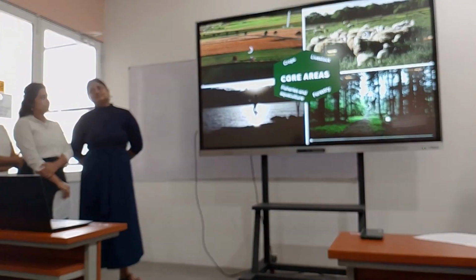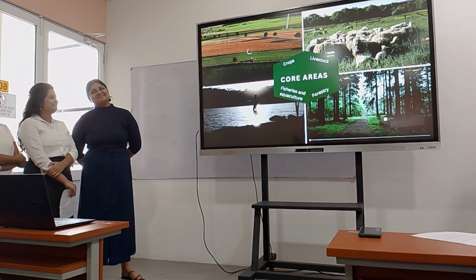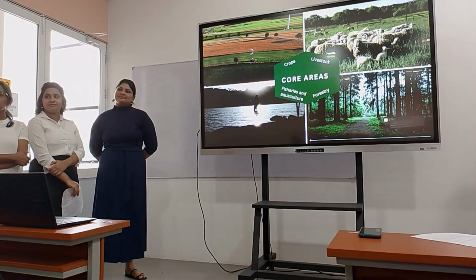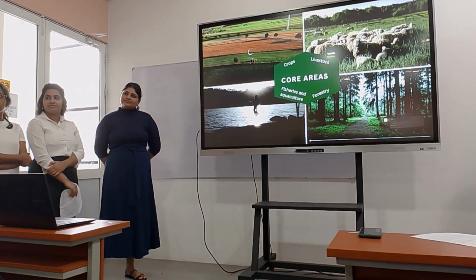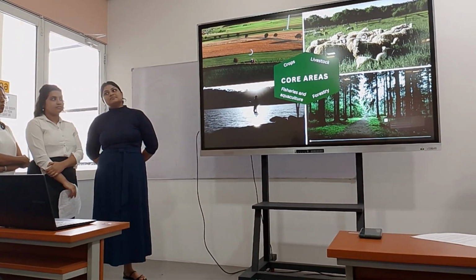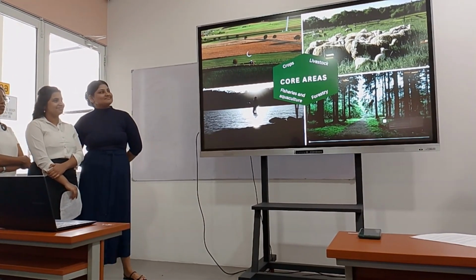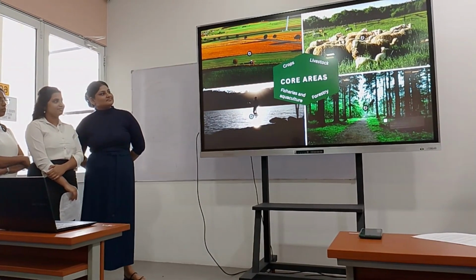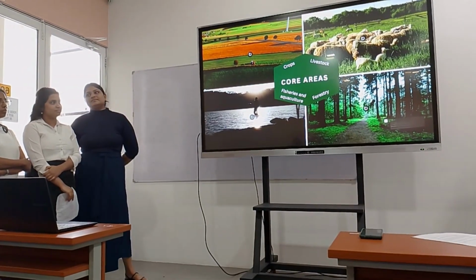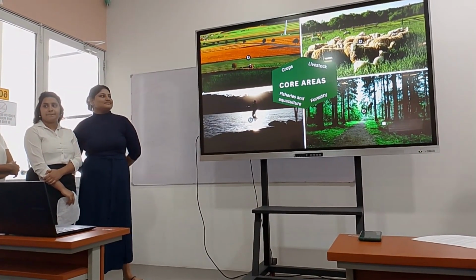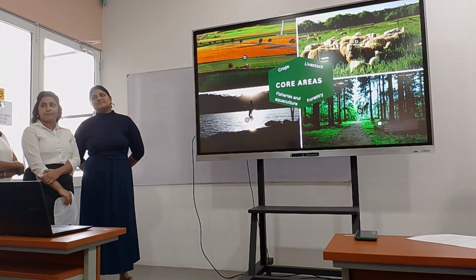I mean, so far in the TESOL batch or any other degree, I have not seen slides of this standard. So, look: crop, livestock, forestry, fisheries, and aquaculture. This is very deep thinking. This is the kind of dedication I want from the students.